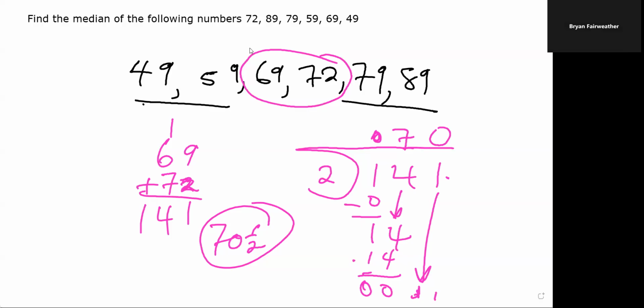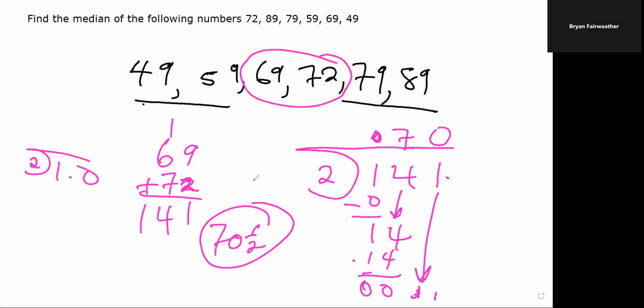Sir, what he did for the explanation is correct. But when he divided the 2 by 141, he would have 70, but you would have to have a decimal, which would be 70.5, sir. The reason being is because 2 into 1 you can't, 2 into 14 you can, which is 7.